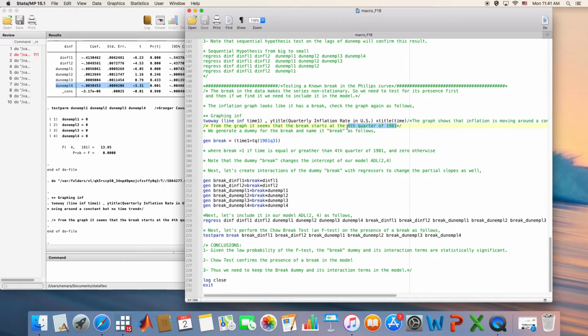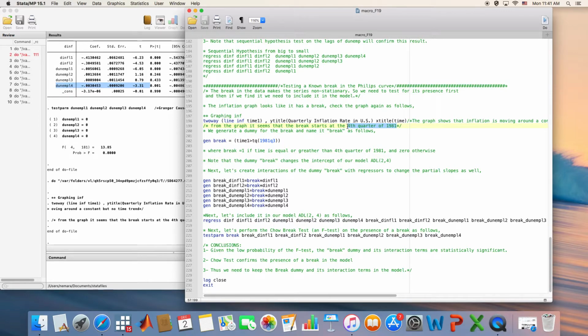If this is a question in an exam, then I would tell you when the break is happening. If there is a break, check if there is a break in the fourth quarter of 1981. In a more advanced course, or if we have time, I can show you how you can actually perform a loop that would go through the data set of inflation and try to determine when the break is happening.